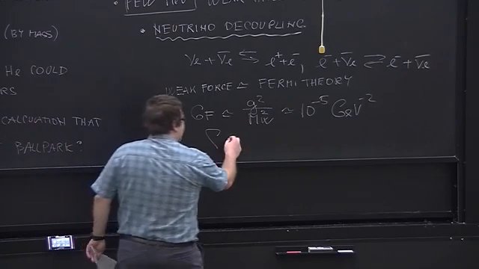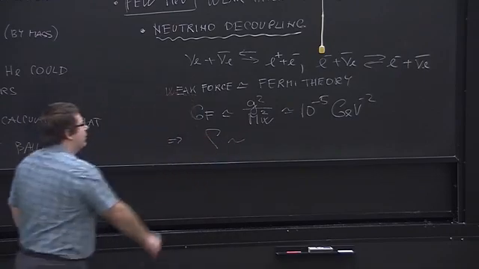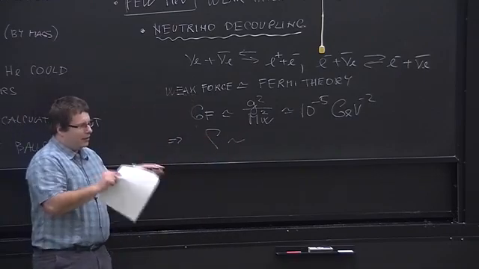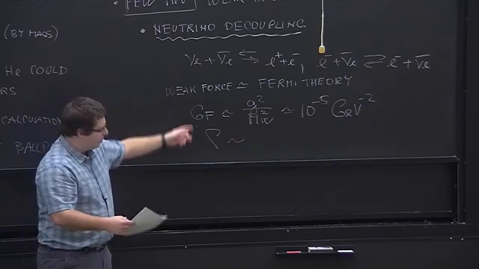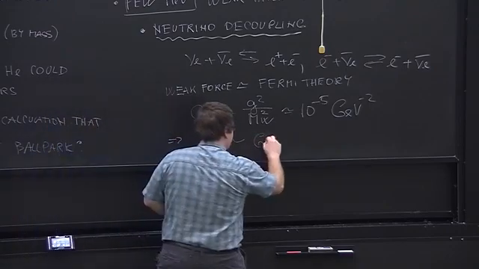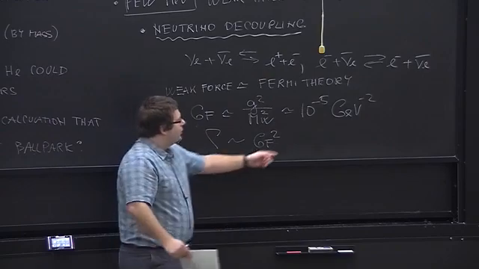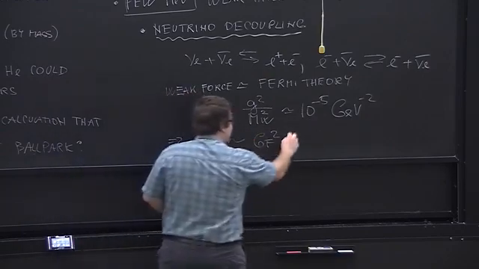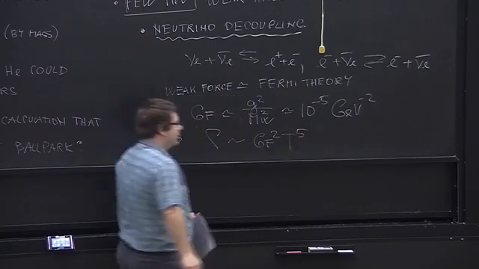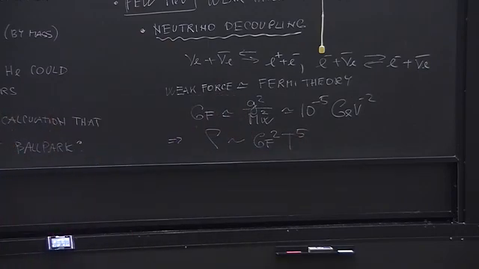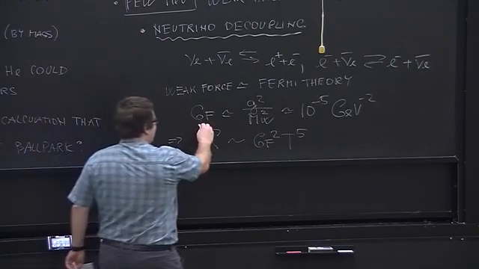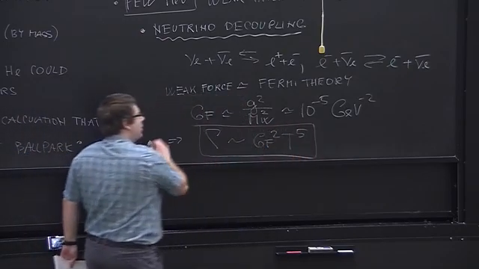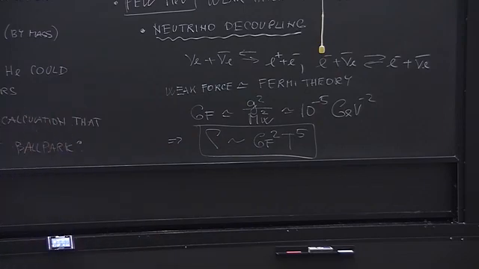The interaction rate is like an amplitude squared, so I'll have G_F squared, which gives me 1 over energy to the 4. The only thing which has units of energy is the temperature, and to have at the end something with units of energy it must be T to the 5. That's an approximate estimate for the reaction rate of these interactions.